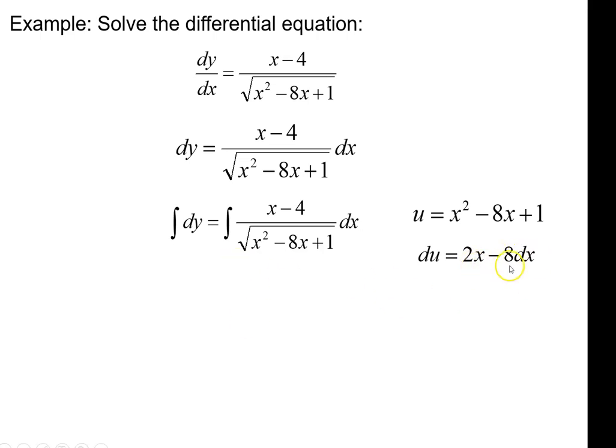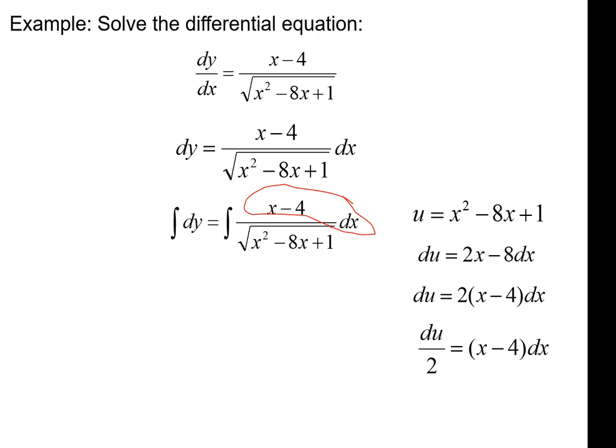And what I want you to notice is what's remaining here that needs to be substituted. This x minus 4 dx is what needs to be substituted. I can get that from this expression if I factor a 2 out. So if I factor a 2 out, there's the x minus 4 dx that I need. Divide by the 2, and we can go ahead and make our substitutions.